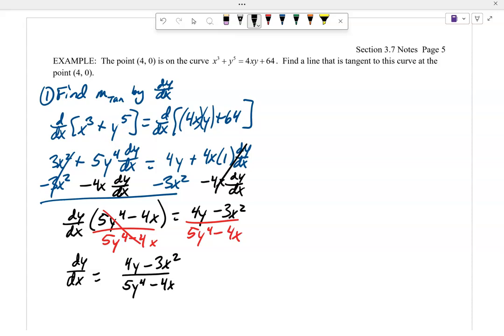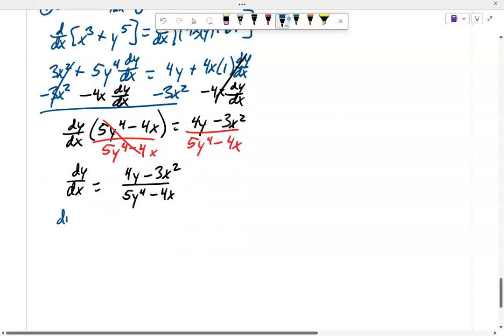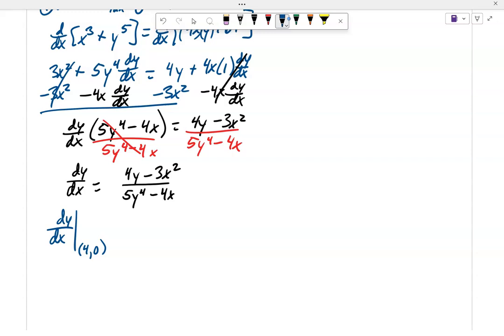Now, we wanted the derivative, the slope of the tangent line, at what point? It was at the point (4, 0). So here's your notation on that. I'm going to find the derivative, in other words, the slope of the tangent line at (4, 0). So see how I put in my x and my y that's going to go into this. So 4y, my y is 0, minus 3, my x is 4, my y is 0, my x is 4.